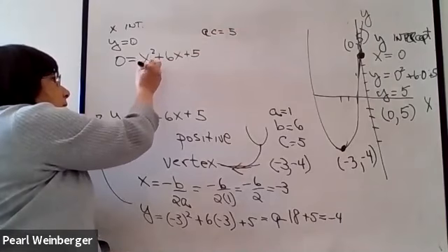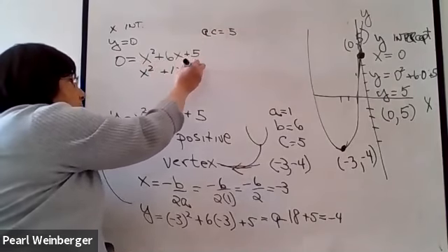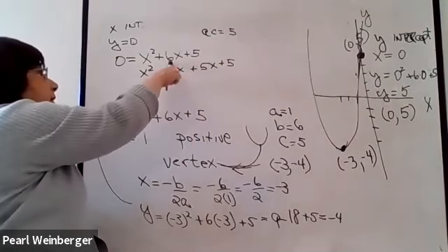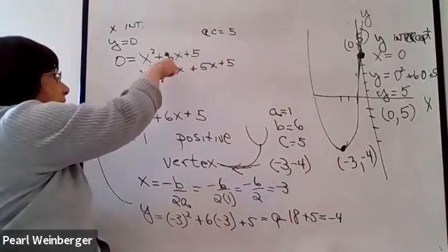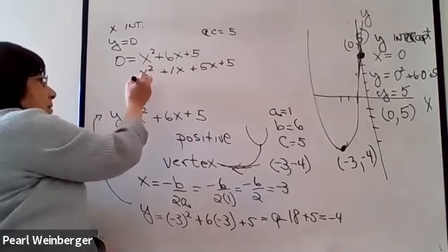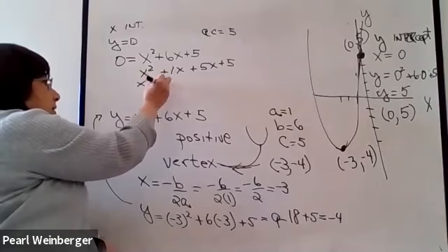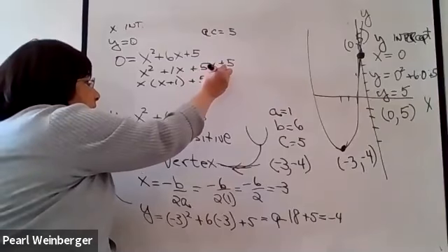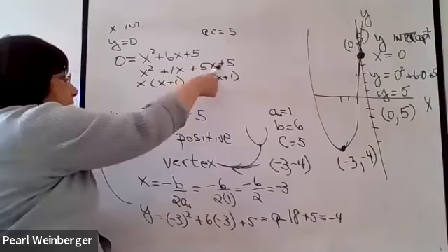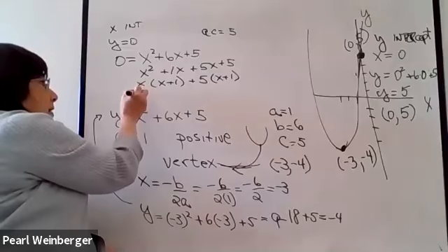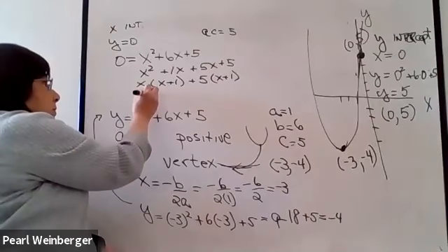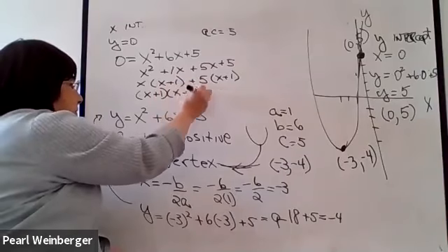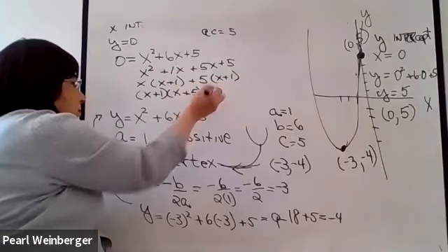So this will become x squared plus 1x plus 5x plus 5. Splitting up the 6x into 1 and 5 and factoring, this gives me x times (x plus 1) plus 5 times (x plus 1), because my common factor here is 5. And now we have (x plus 1) times (x plus 5) equals 0.